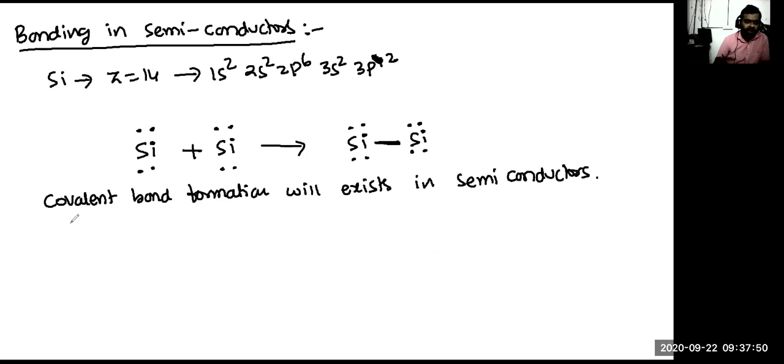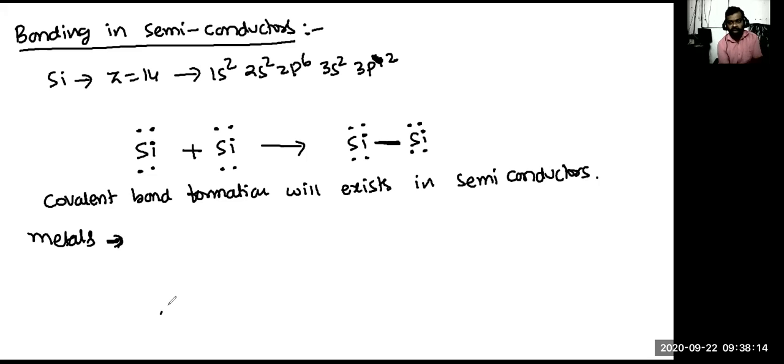Suppose let us consider metals. In case of metals, what type of bond will exist? Ionic bond.